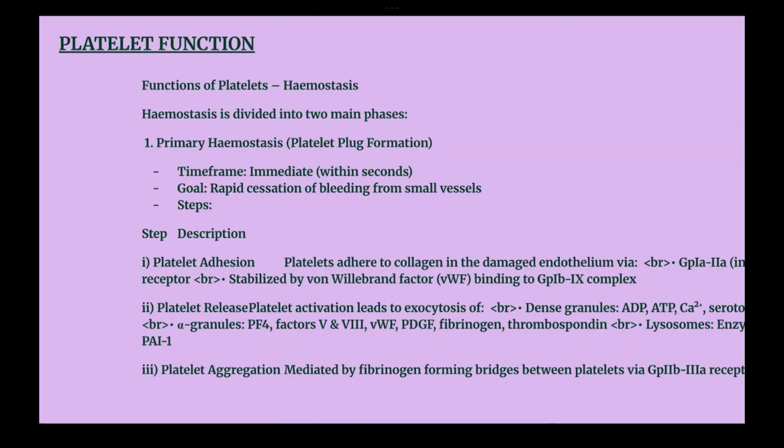Whenever an injury happens, the collagen that is exposed near the damaged endothelium allows the platelets to adhere to the collagen and produce factors like von Willebrand. When von Willebrand is released, more platelet activation occurs. The second step of primary hemostasis is the platelet release reaction, wherein the platelet is activated and more dense granules are released.